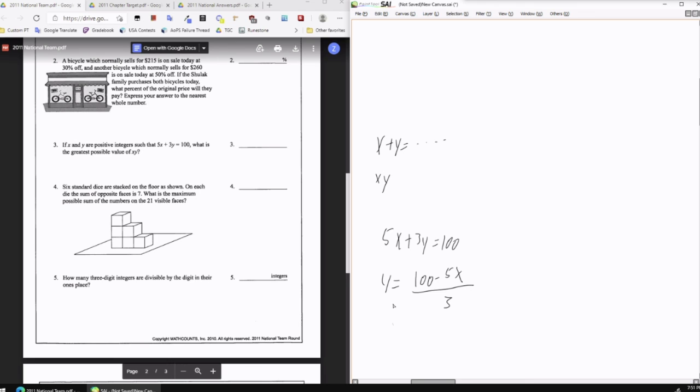Wait, I'm kind of confused. I mean, we can just go the original way. In essence, you want to decrease 5x plus 3y as much as possible, so that your x and y can be larger, kind of.